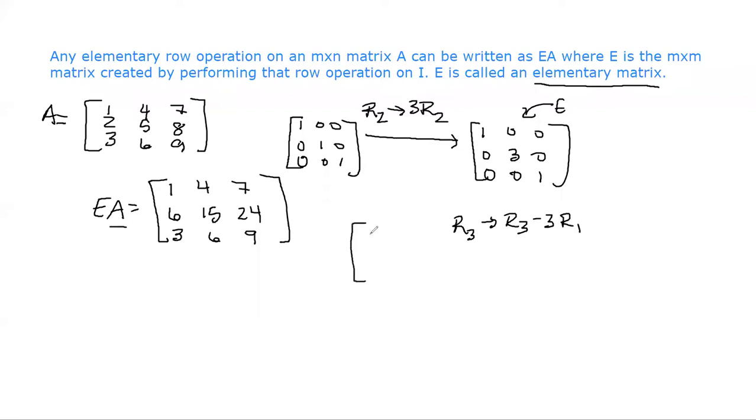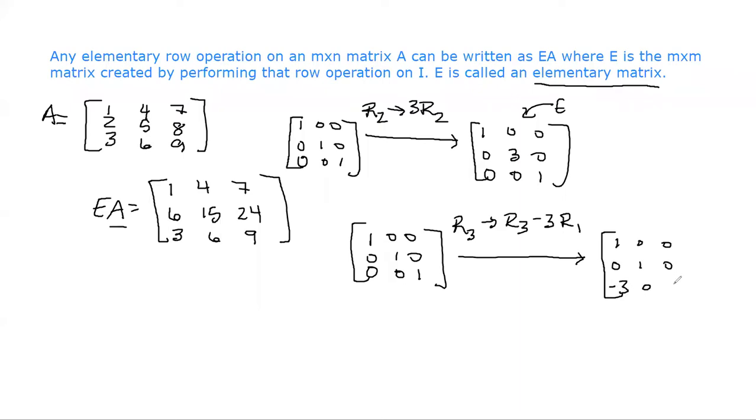Then again, we would look at our identity matrix and then do that row operation on the identity matrix to get, well, the first 2 rows are exactly the same, but if we do the row operation on the third row, we'd get minus 3, 0, 1. So this is our row replacement elementary matrix.